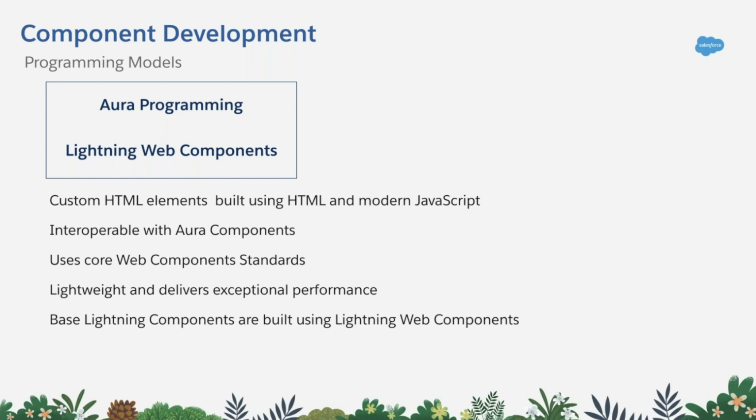It also uses the latest web standards and is built on the core web component standards. As I said earlier, it's lightweight and delivers exceptional performance. Most importantly, all the base Lightning components are originally built using this programming model. That's why we could even open source the source code of the base components.